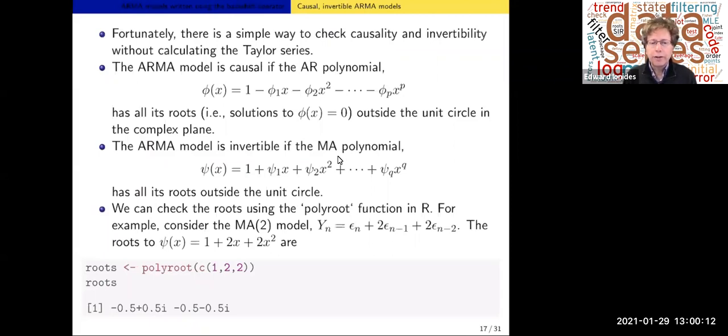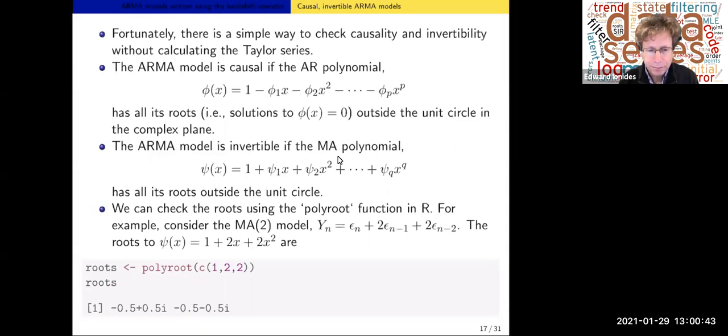So let's just calculate one example. If you have the MA2 process, y_n is epsilon_n plus 2 epsilon_{n-1} plus 2 epsilon_{n-2}, then you first of all calculate the MA polynomial, which is 1 plus 2x plus 2x squared, and then you calculate the roots using the polyroot function, and here they are.